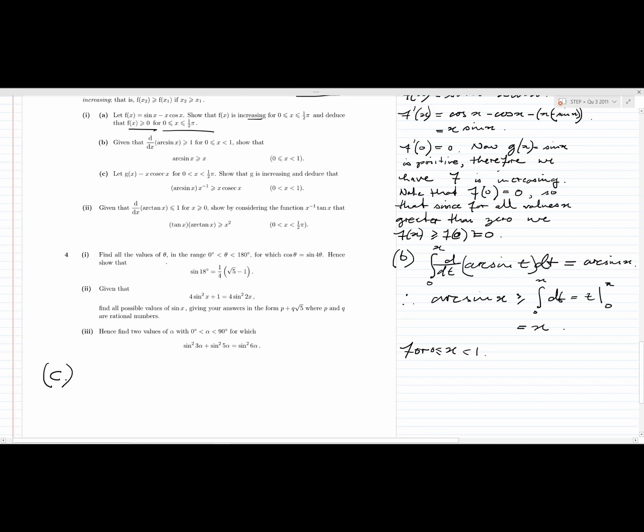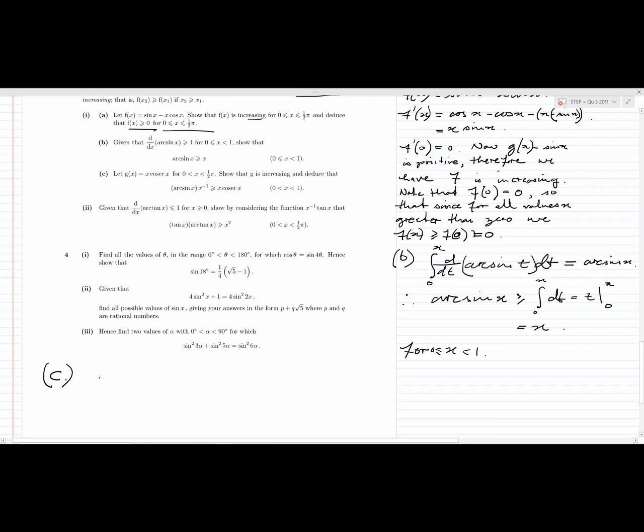Yes, let's start and see what we get once we've differentiated this, and we'll complete the first part and then see if we can tally up this part with this part, because if we divide by x on both sides, then we can see that this is obviously going to be greater or equal to 1. Maybe somehow we're going to use cosec, I don't know exactly what. But what we're going to do is start.